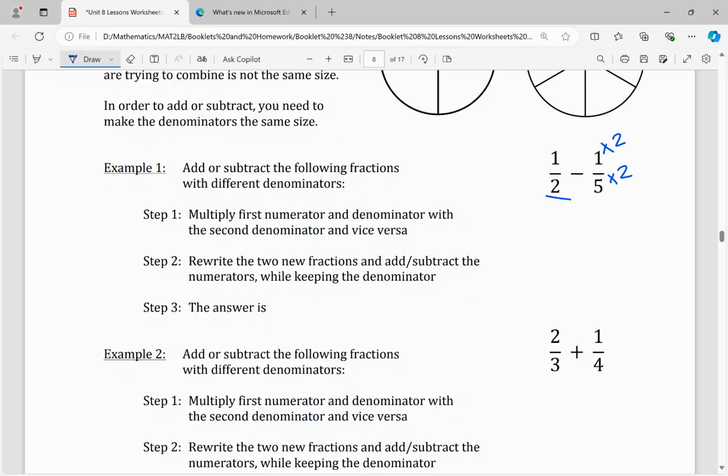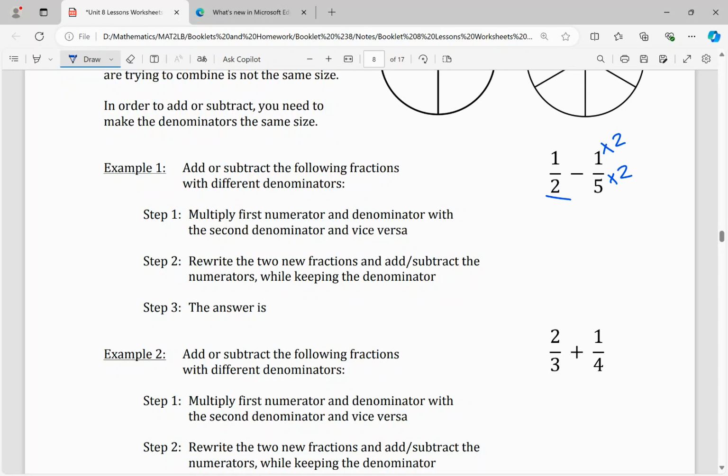What do I mean by that? Well, first of all, the first denominator is 2, the denominator of the first fraction. And when I say to multiply the second fraction by 2, what I mean is multiply the top number by 2 and also multiply the bottom number by 2. One of the rules of fractions is that you are allowed to multiply or divide the top number by whatever you would like, as long as you do the exact same thing to the bottom number.